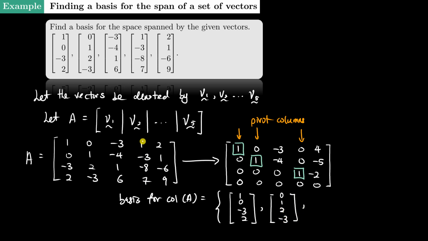And the fourth column of A, which is 1, -3, -8, and 7. Now, this basis for the column space of A is also the basis for the given set of vectors. And that is our final answer.